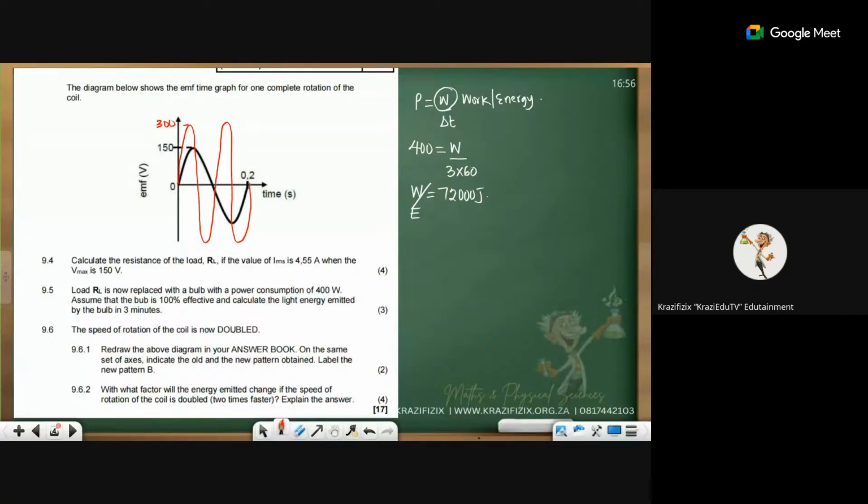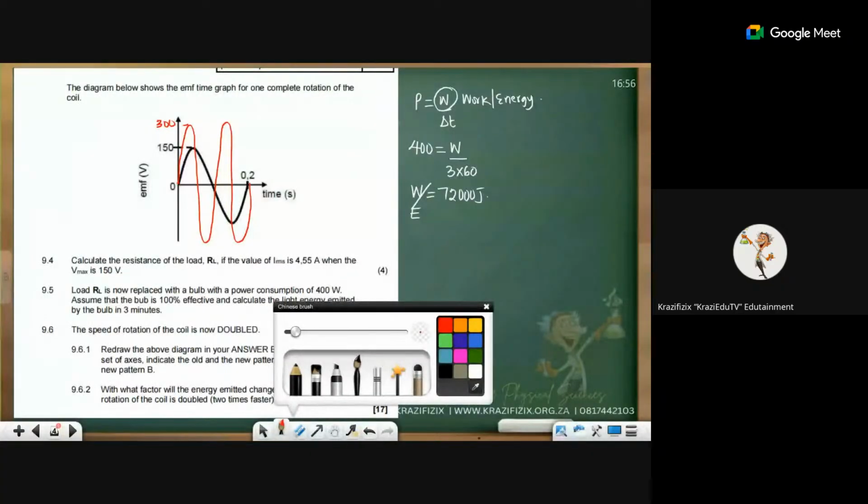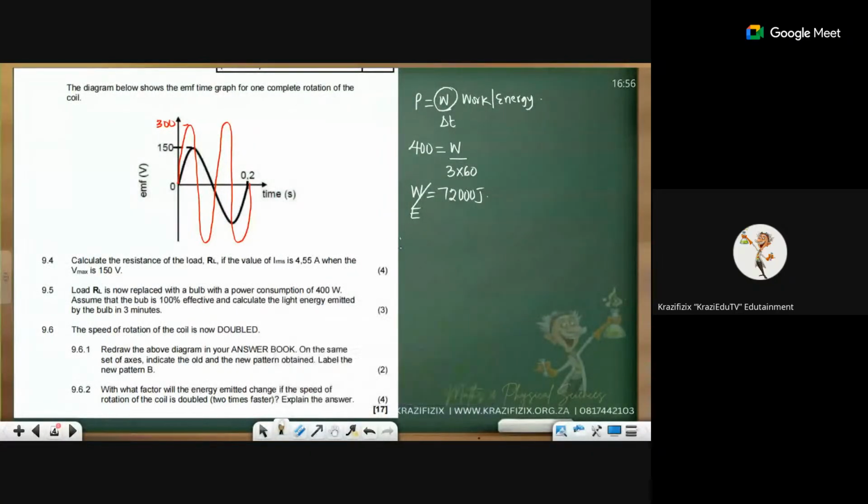With which factor will the energy emitted change if the speed of the rotation is doubled? Energy, remember, is also the same thing as work. What have we done here?